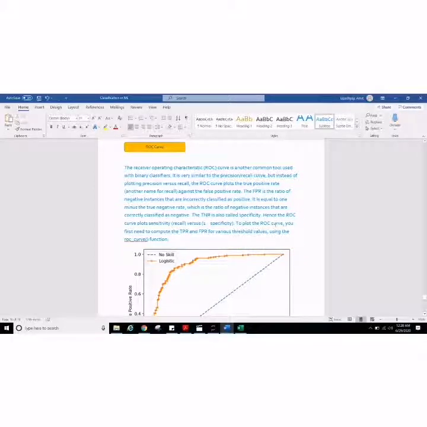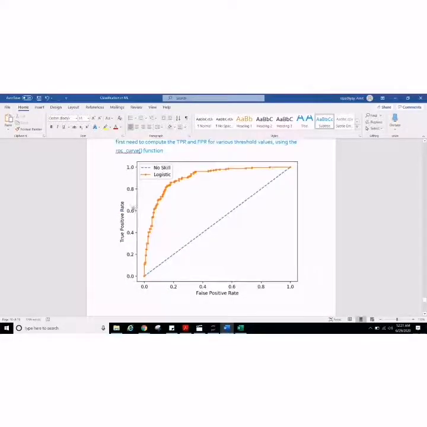To plot the ROC curve, you first need to compute TPR and FPR for various thresholds using the roc_curve function. So this is a graph of the algorithm we have used, with the true positive rate and false positive rate. As the false positive rate increases, our true positive rate is also increasing, right?